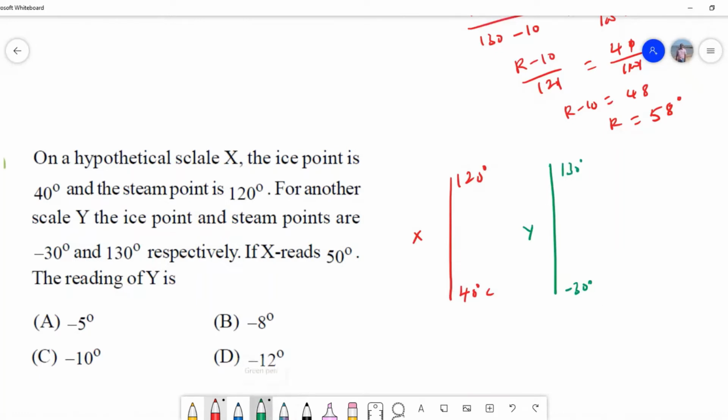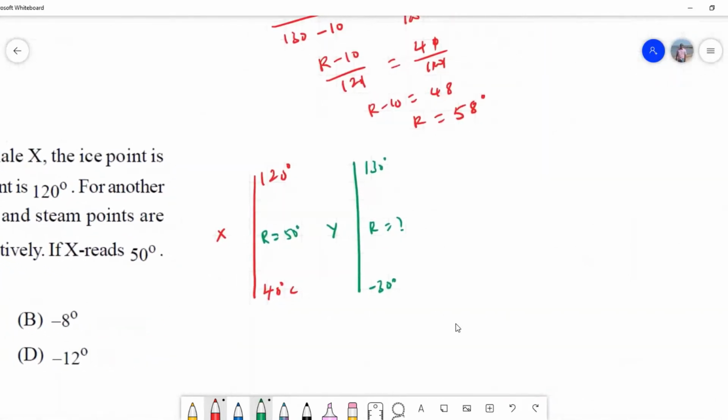If X reads 50, so the reading on X is given as 50, then what is the reading on this? The same model for any scale: we all know that reading minus lower fixed point by upper fixed point minus lower fixed point is always a constant.